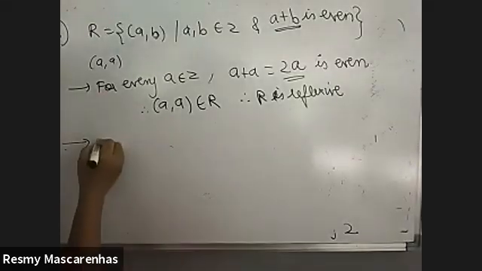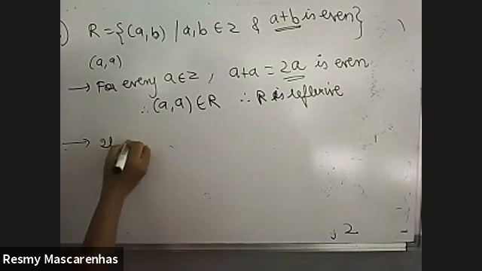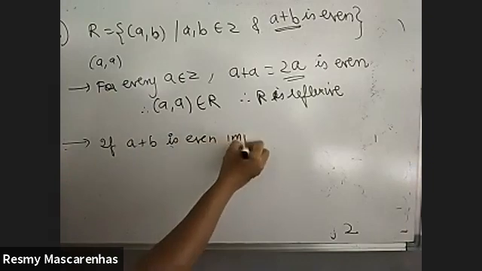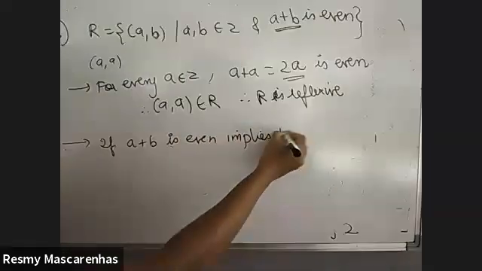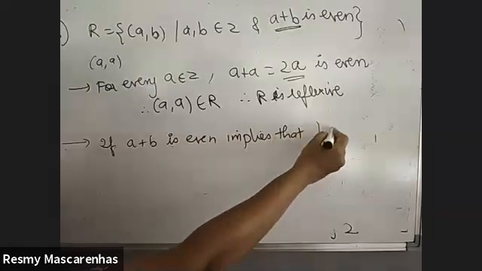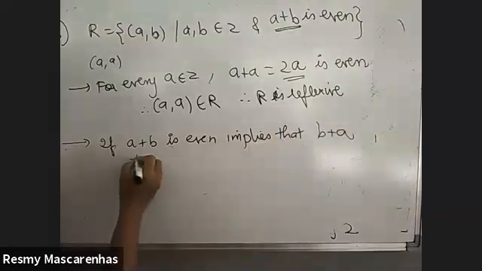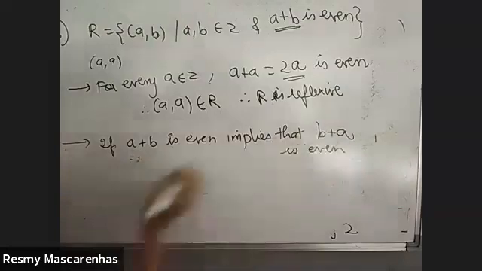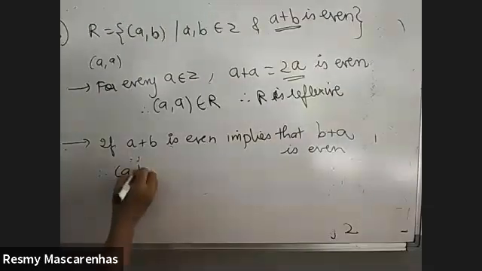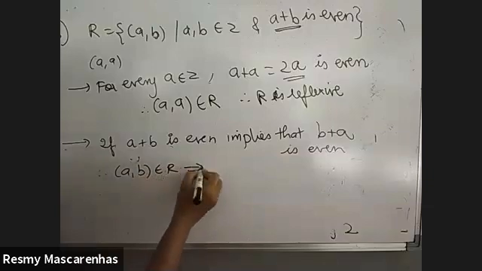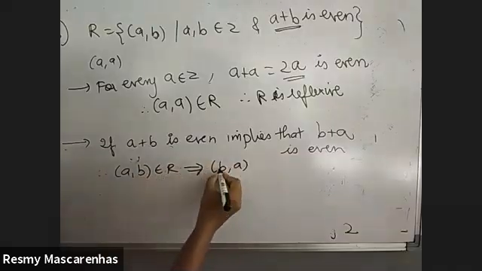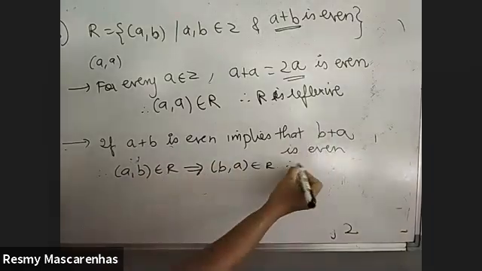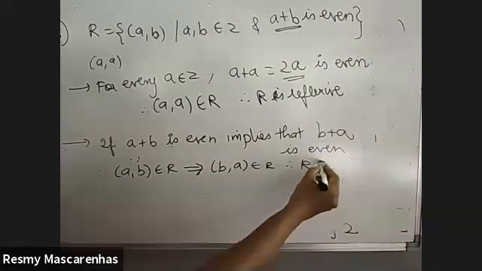If A plus B is even, implies that B plus A is even. Therefore, A comma B belongs to R implies that the reverse is also working out. Therefore, R is symmetric.